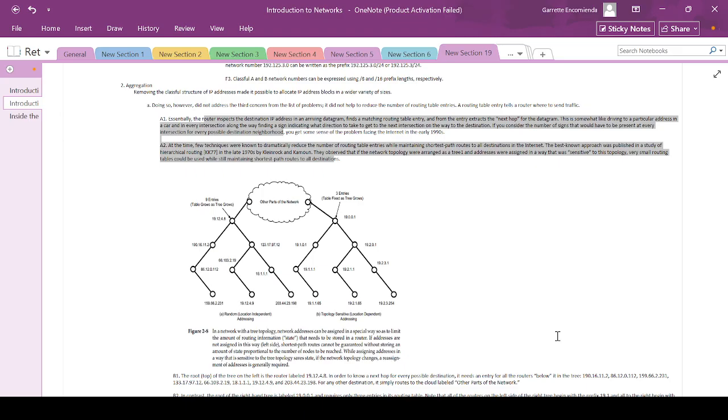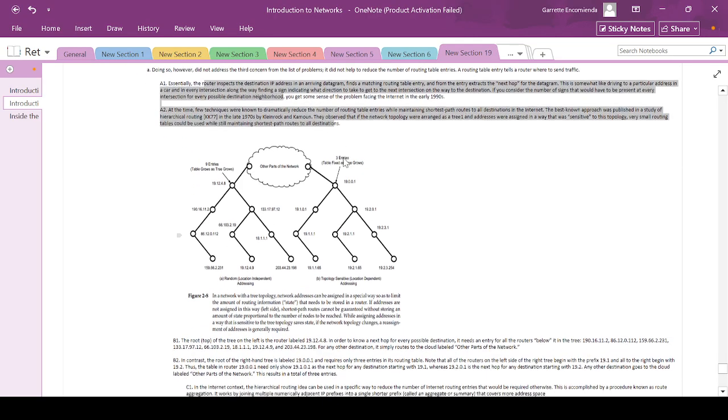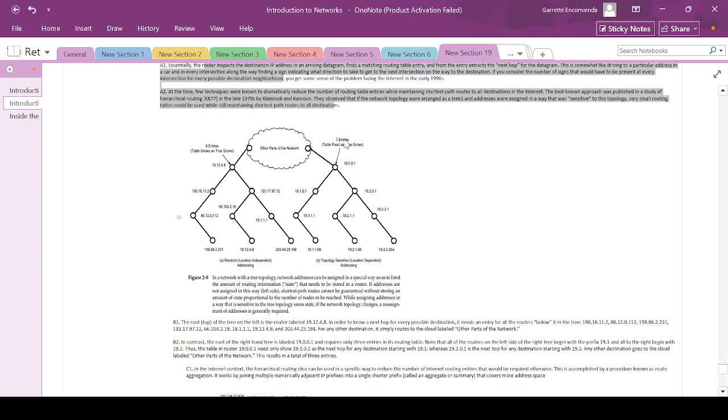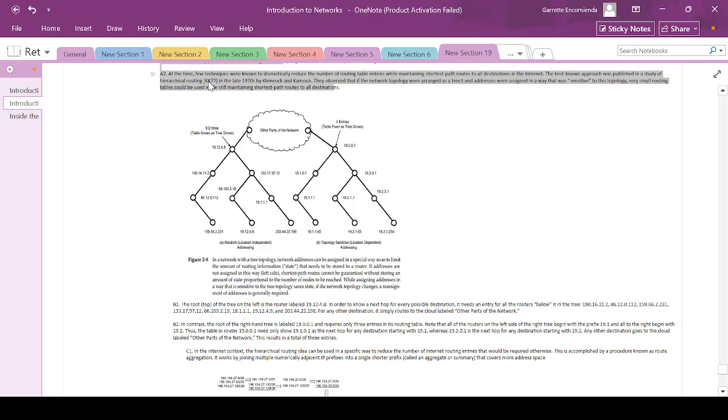This is somewhat like driving to a particular address in a car, and at every intersection along the way, finding a sign indicating what direction to take to get to the next intersection on the way to the destination. If you consider the number of signs that would have to be present at every intersection for every possible destination neighborhood, you get some sense of the problem facing the internet in the early 1990s. At the time, few techniques were known to dramatically reduce the number of routing table entries while maintaining shortest path routes to all destinations in the internet.